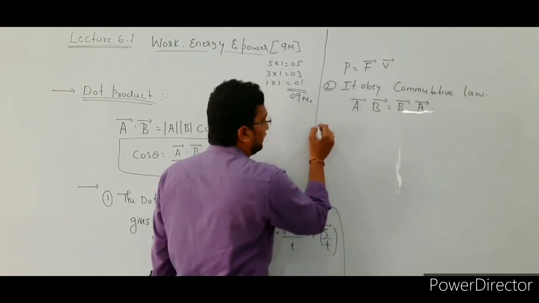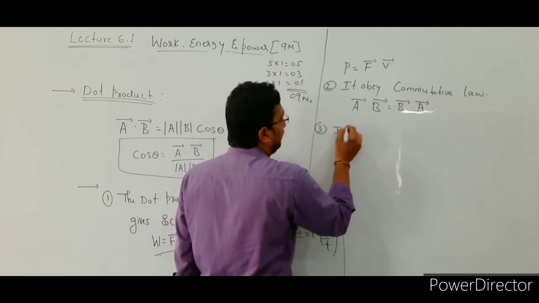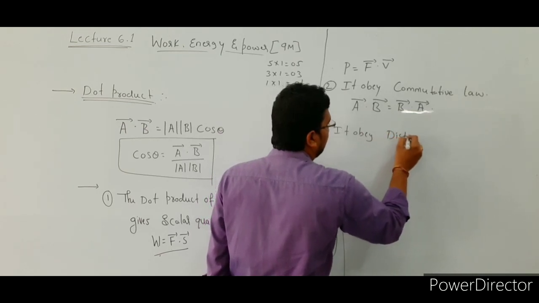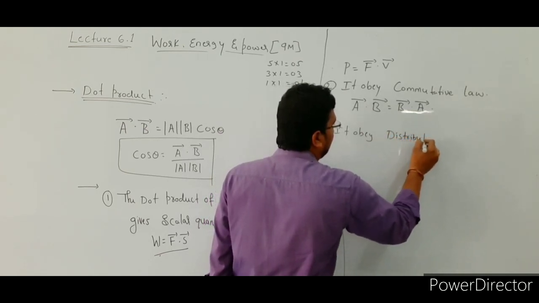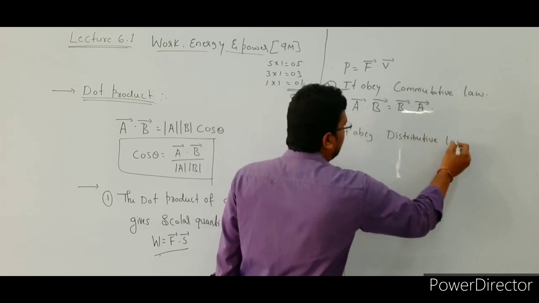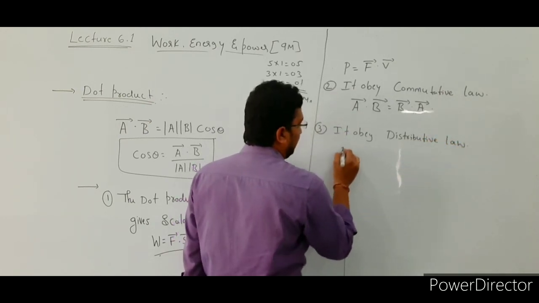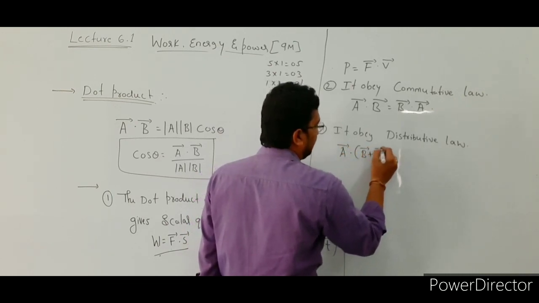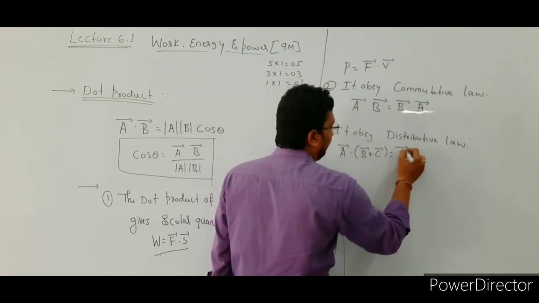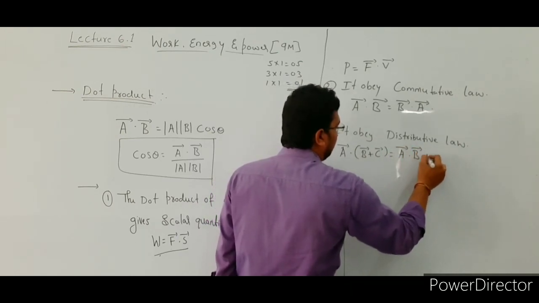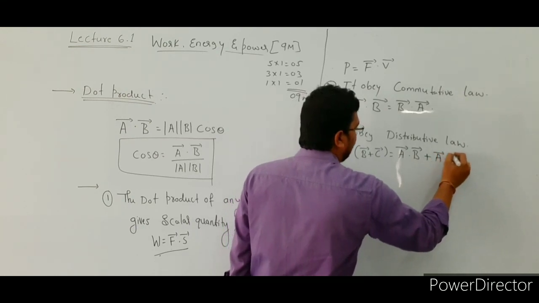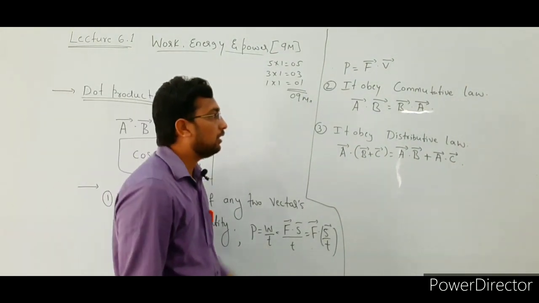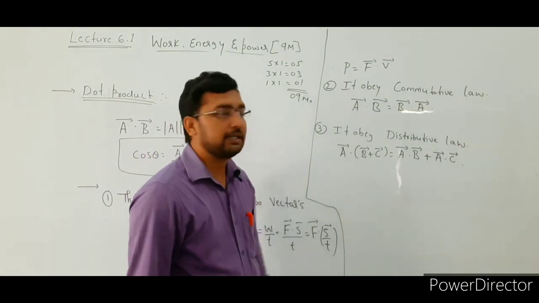The third property: it obeys the distributive law. A vector dot (B vector plus C vector) is equal to A vector dot B vector plus A vector dot C vector.